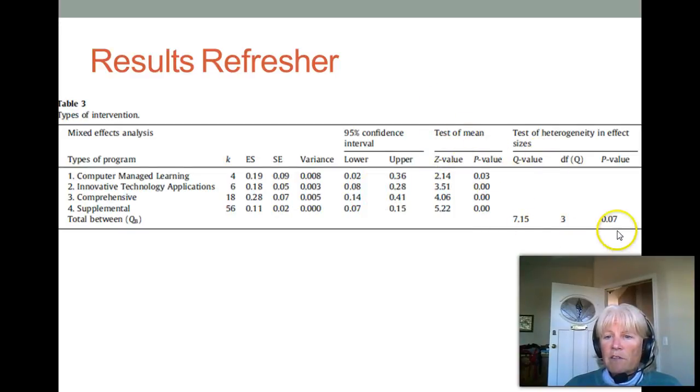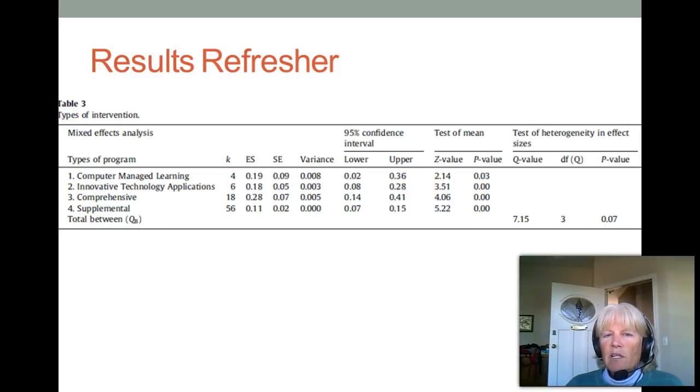I'm going to skip over these. I just wanted to briefly mention the Q value. This tells us overall among this group, which is type of intervention in Table 3, was there a significant difference between the different items in this list? The authors state that the p-value of 0.07 is marginally significant, which is a little bit of a stretch.